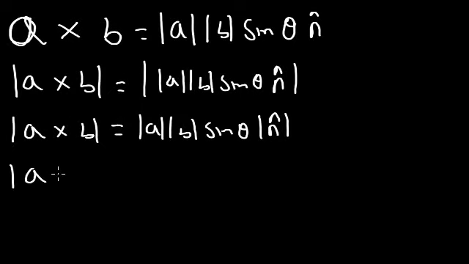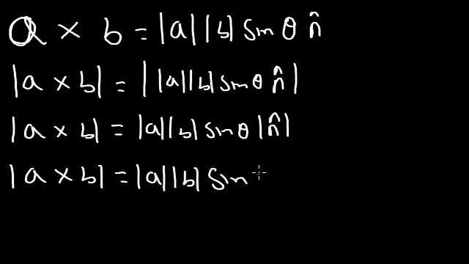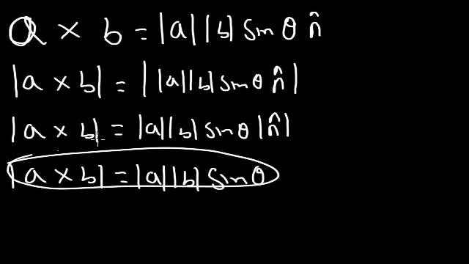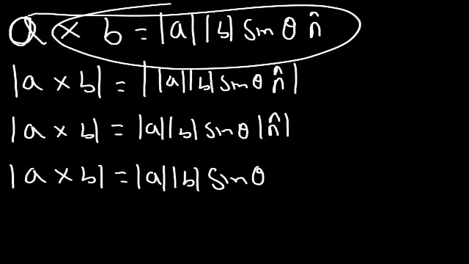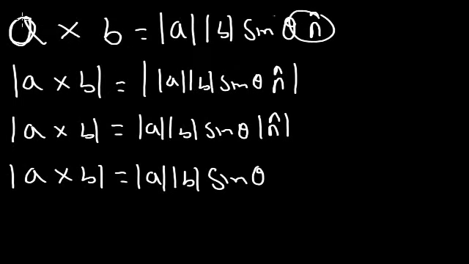So at the end of the day, the magnitude of the cross product of two vectors can be given as the product of individual magnitudes multiplied by the sine of the angle between those two vectors. Please make sure you always watch out for that. If you are using this one, then you don't need to multiply your final answer by the unit vector. But if you are using this, then you need to multiply by the unit vector.